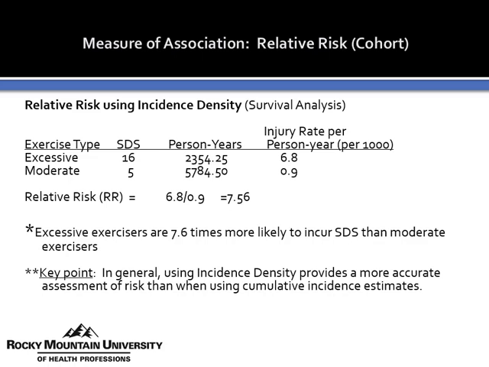So to do that, we would take, for the excessive exercisers, 16 divided by the person years, and then multiply that by 1,000 to get 6.8. Do the same thing for the moderate exercisers, and then divide one from the other. And with this one here, we get a relative risk of 7.6 times more likely to have a sudden death versus moderate exercisers.